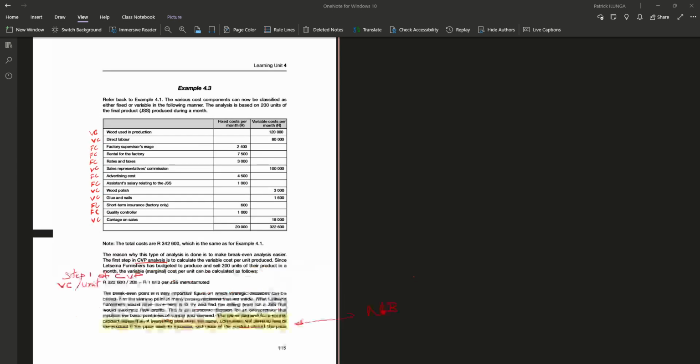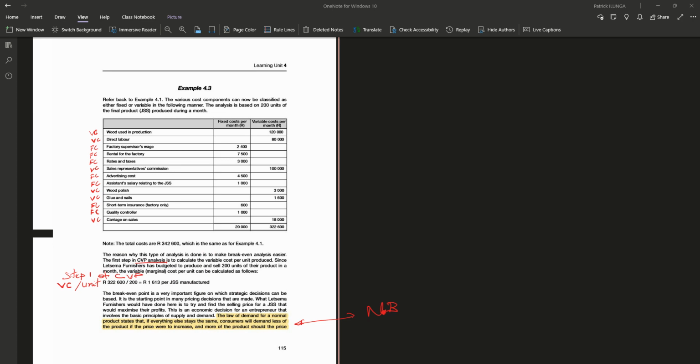If this sounds confusing, worry not, because there are plenty of examples to help you understand all this. So you have example 4.3 with the various components or costs that need to be classified as either fixed or variable.